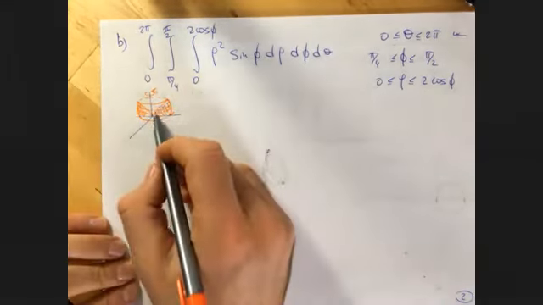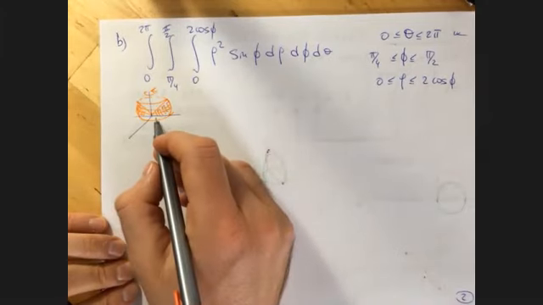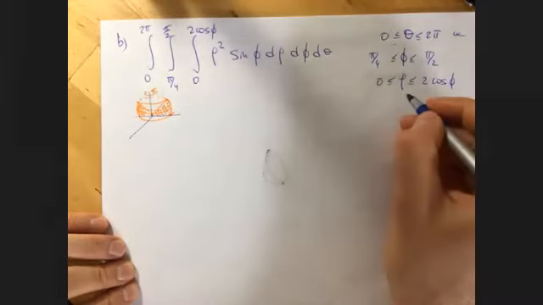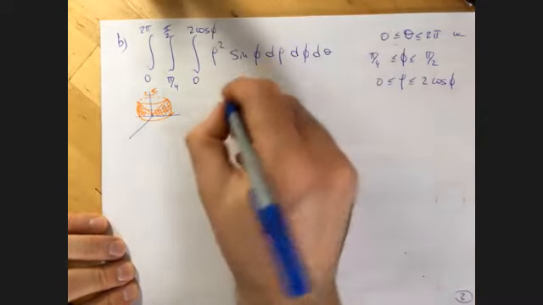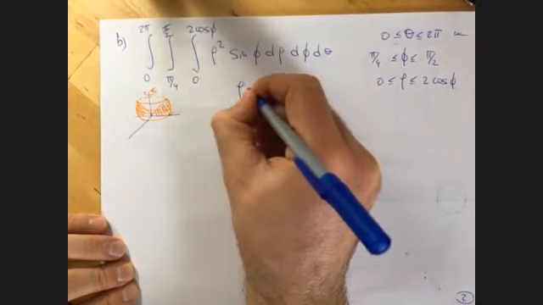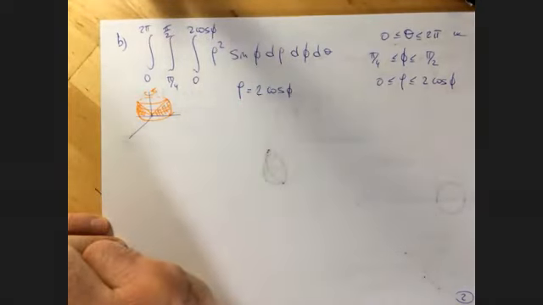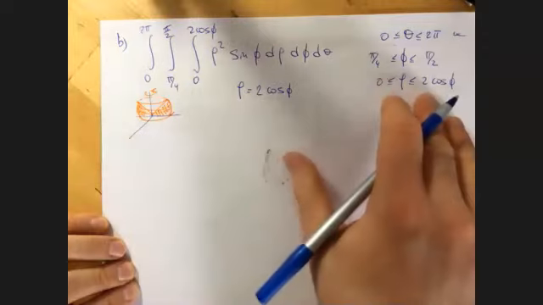That would be for any given rho. And now the question here is just what happens to rho, right? So basically, I want to know, what does this look like? What kind of solid is represented by this?